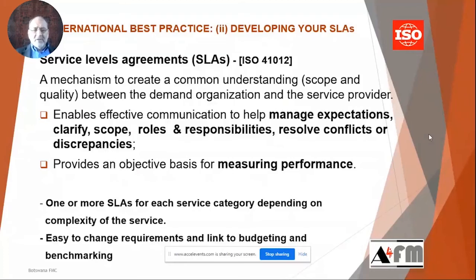So various service level agreements can spell out all of the details, particularly with regards to performance, because the performance that I want to assess with regards to cleaning or catering or building maintenance are not necessarily done in the same way, and therefore one document may not address the issue satisfactorily.